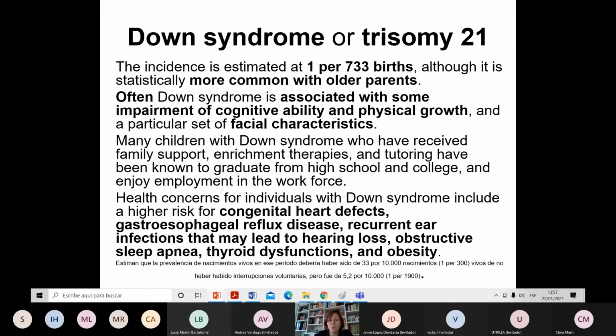But if you ask me what's the biggest problem of having someone with Down syndrome in my family, it would probably be all these diseases that usually come with the syndrome. So they have problems in their heart, they might have problems in the digestive system or in their kidneys, but they could have an almost normal life.